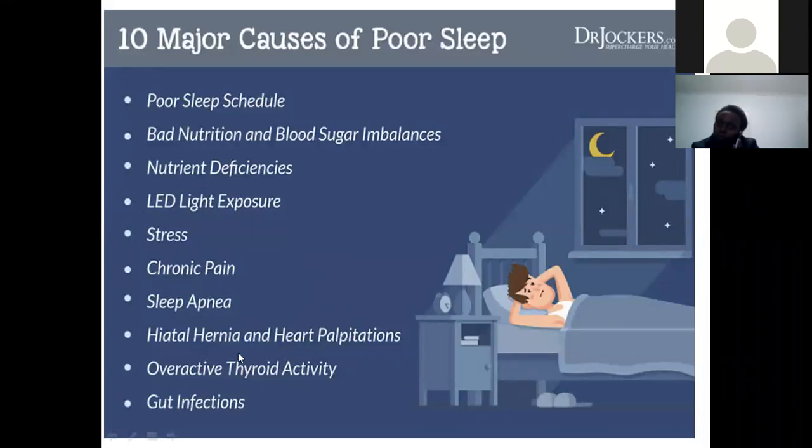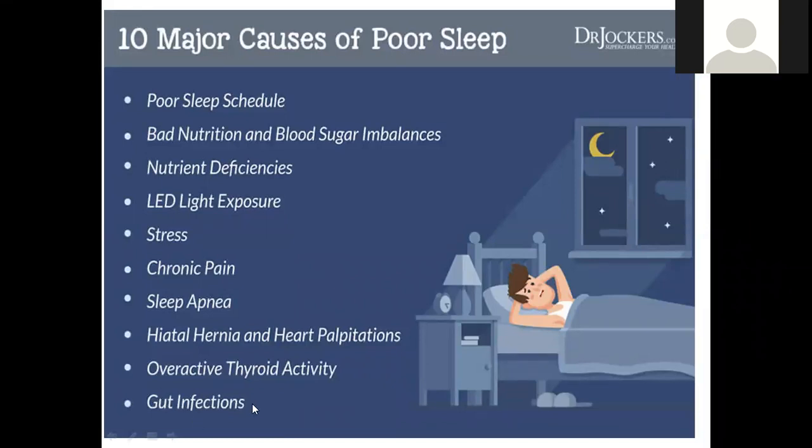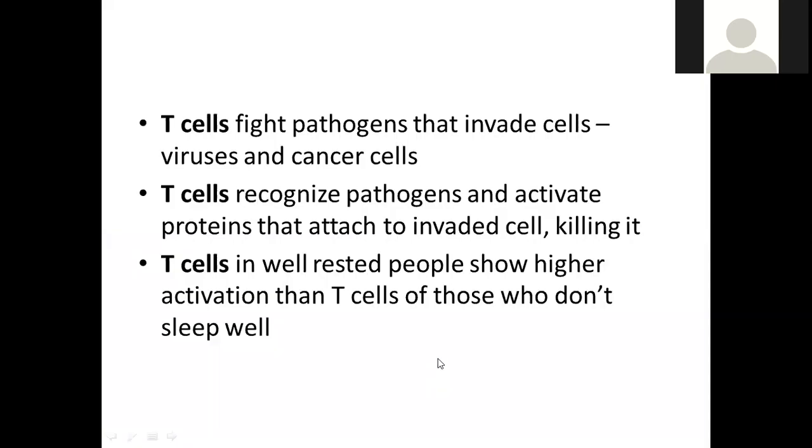And then hiatal hernia and other heart issues. And then overactive thyroid. And then the last one on this list is gut infections. Would you believe it? Gut infections, and some people, if there's an overload of worms, for some reason they wake up at night and become a nuisance.